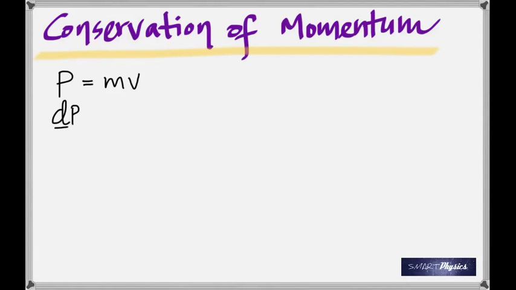So when we say it's conserved, we are saying that it doesn't change, right? That means if you take the differential of momentum with time, what is dp by dt going to be if p is constant? Zero. dp by dt is 0 because p is a constant.